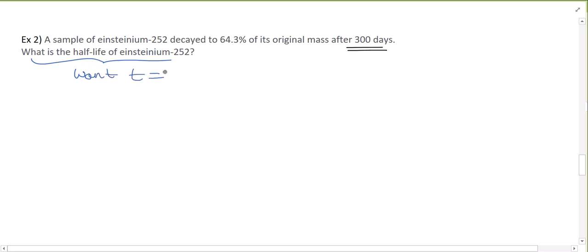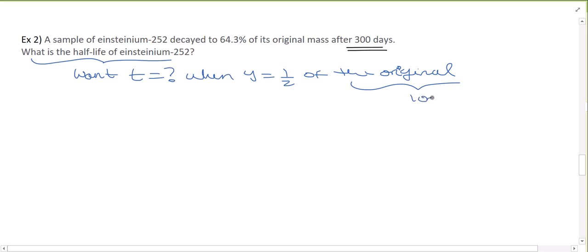So we want t when the amount is half of the original amount. Do we know what the original amount is? No, it doesn't tell us specifically the amount, but it does give us a percentage. So we can say the original amount is 100%. You have the full amount.